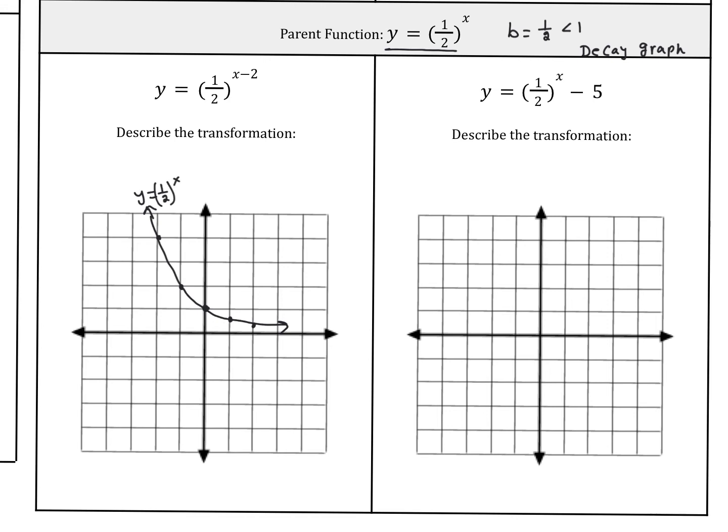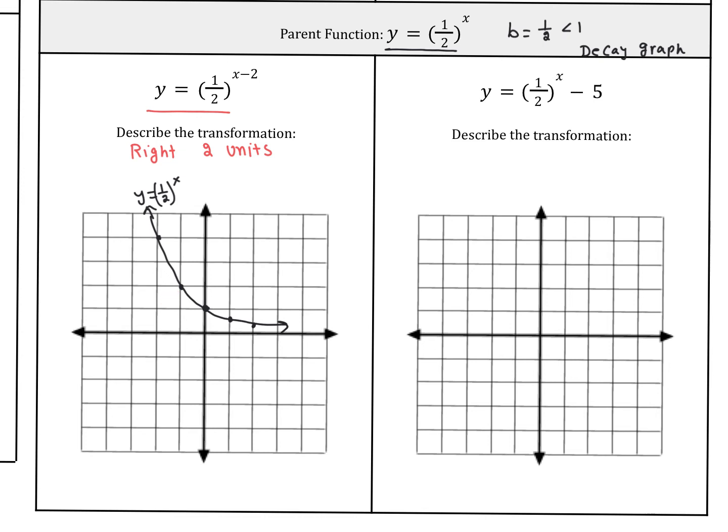Now we are going to graph this function, and you can tell from x minus 2 that minus 2 means you're going to move this graph right 2 units, which means each of the points is going to move right 2 units.